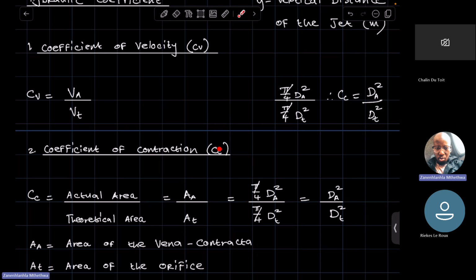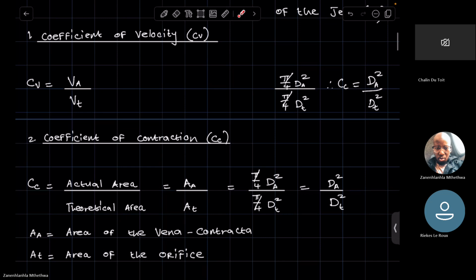Even this hydraulic coefficient is in terms of actual divided by theoretical. So all the hydraulic coefficients are a ratio between the actual and theoretical findings, actual being the numerator and theoretical being the denominator. Now, the coefficient of contraction is the actual area divided by the theoretical area.